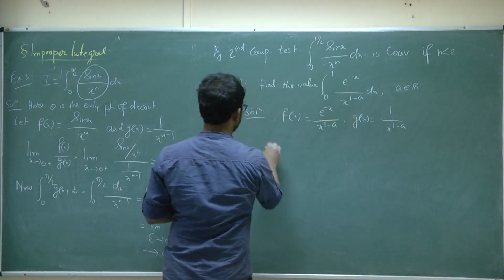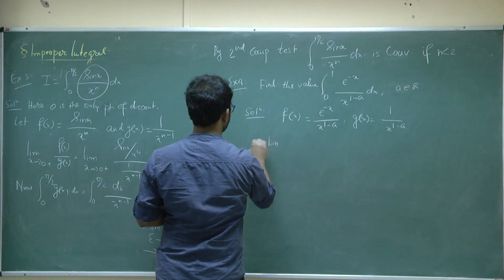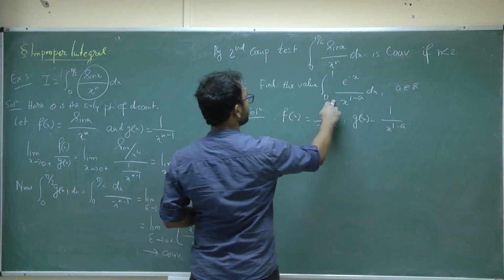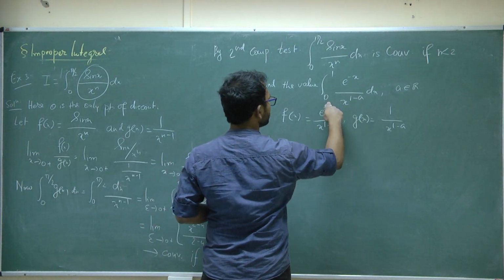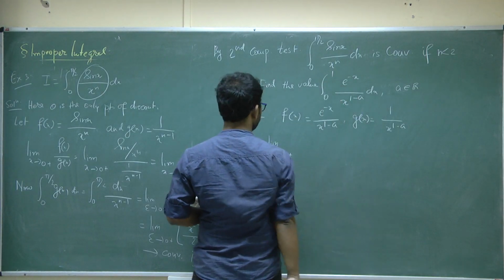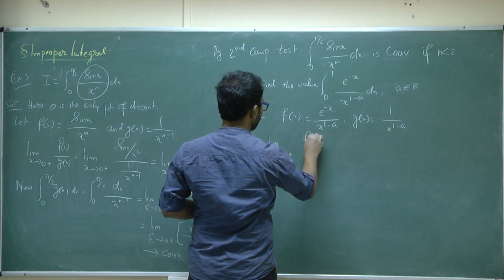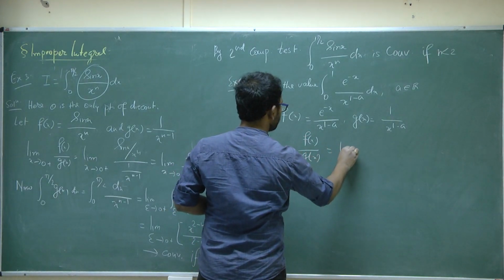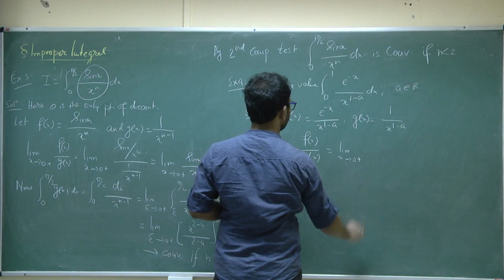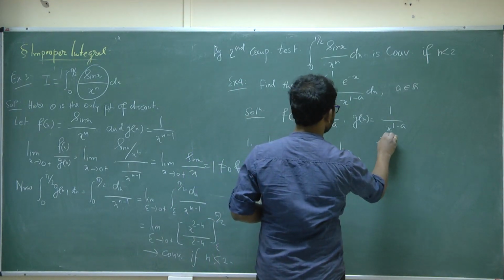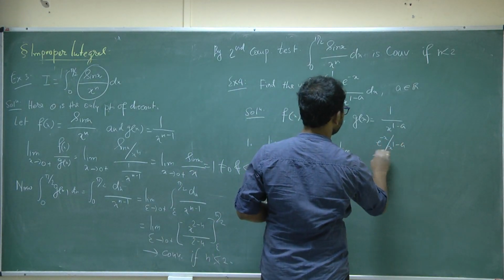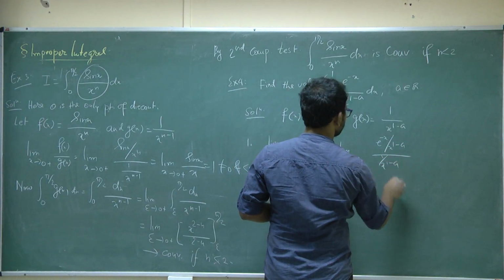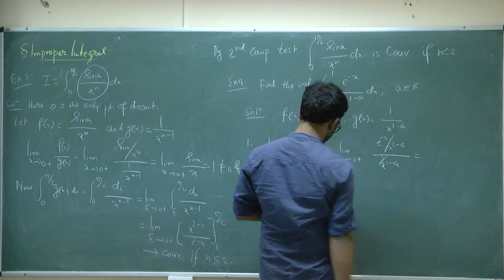Obviously, we have to first check the limit. The first step is the limit as x tends to 0 positive, because that is where we have the infinite discontinuity. Except x equals 0, we do not have any other point of discontinuity. So, we evaluate f(x) by g(x), the limit as x tends towards 0 positive of e to the power minus x divided by x to the power 1 minus a, over 1 by x to the power 1 minus a.